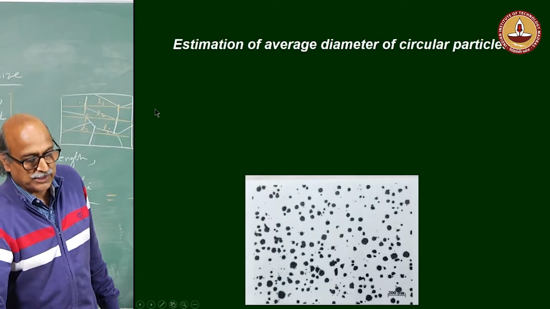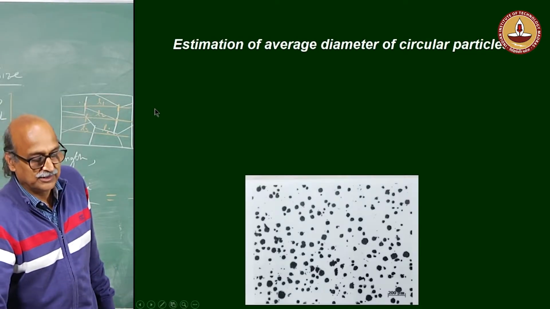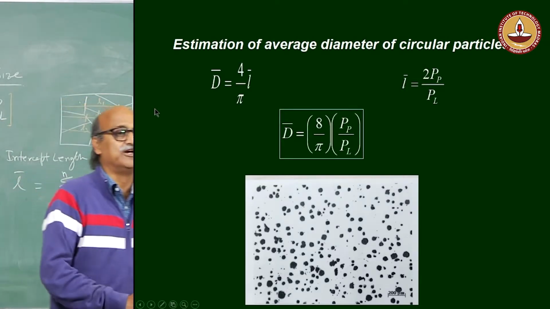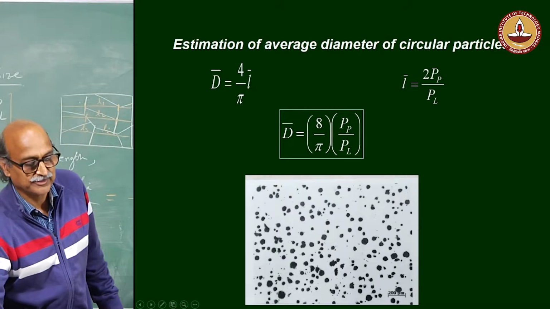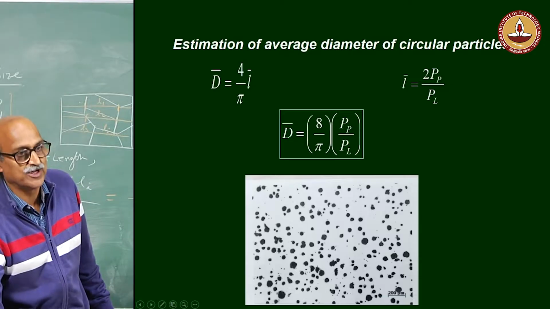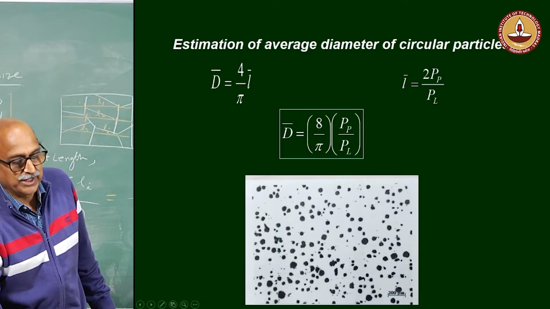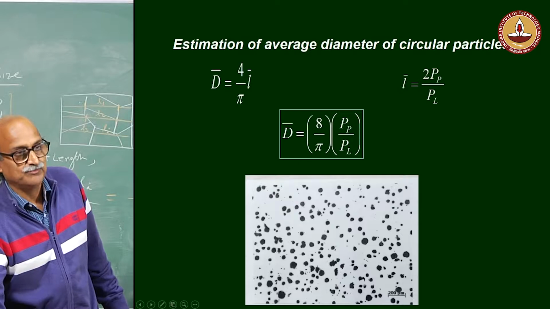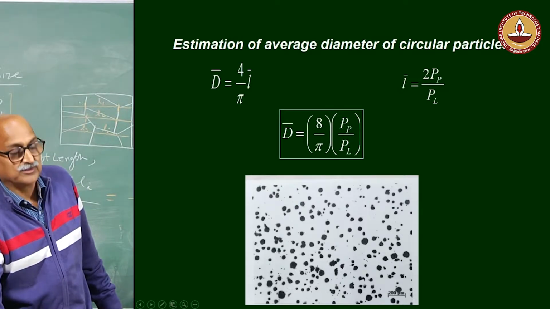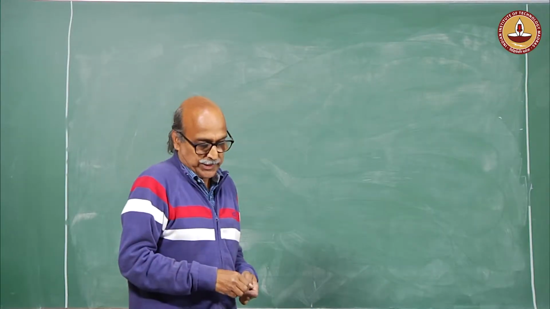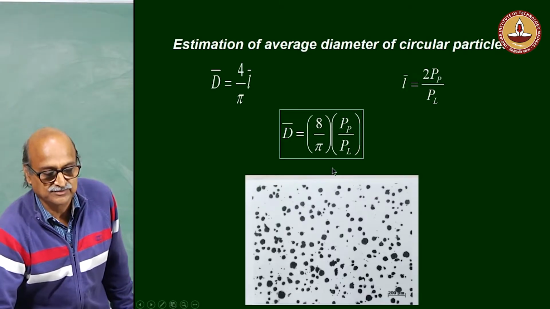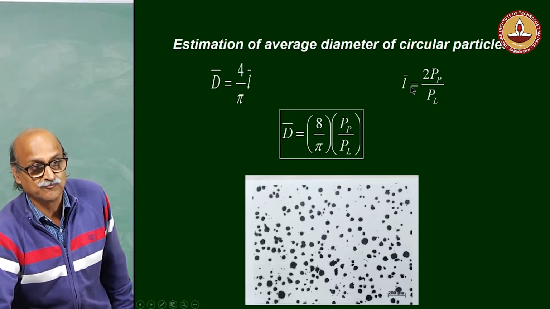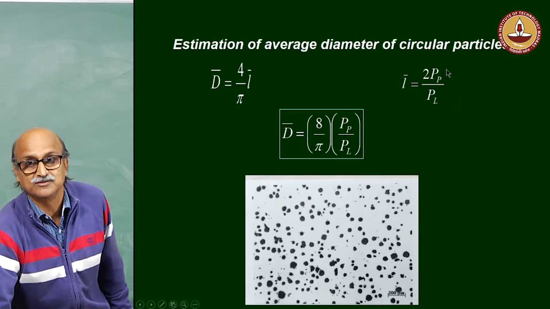And let us look at now something where the relationship was given to you, and let us see how we got this particular relationship. The average diameter of the graphite nodules is given by 8 upon pi times the point fraction over PL. Okay. Here, this is the expression that we just now got for the mean intercept length of particles.